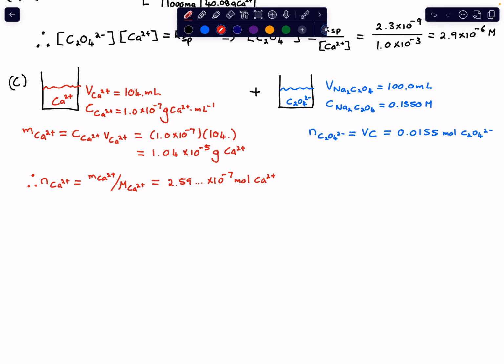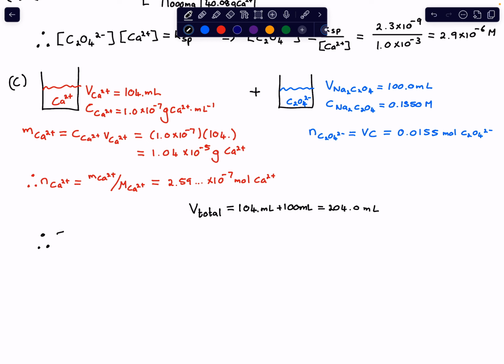Now, once we've added these two solutions together, they form a total volume, so a V total of 104 milliliter plus 100 milliliter. All right, and that means we have a new solution volume of 204.0 milliliter. Cool.